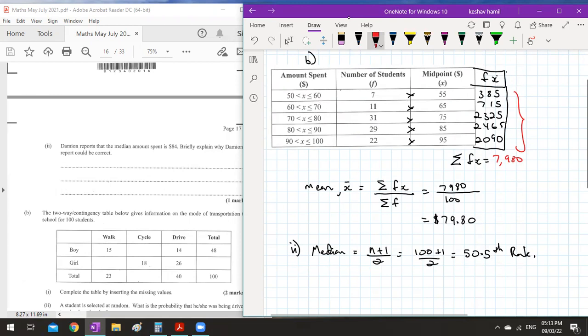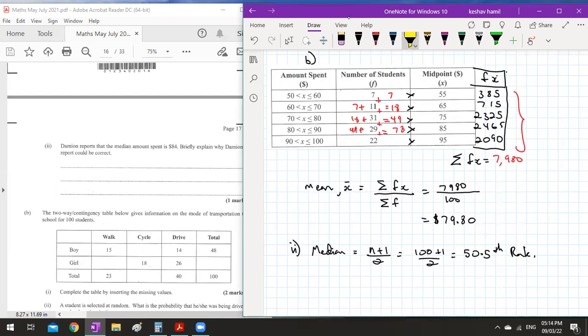Now, if we use cumulative frequency, we could find where the 50th student would fall. The first one will be 7, so the rank will be from 1 to 7. And 7 add 11 will give us 18, 18 add 31 is 49, and 49 add 29 is 78.